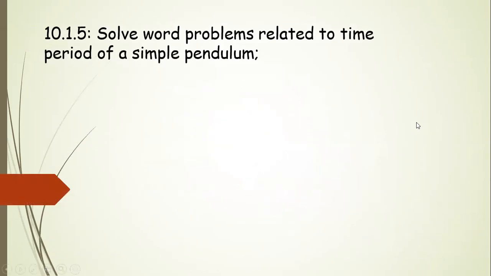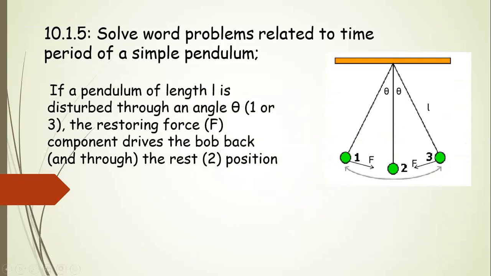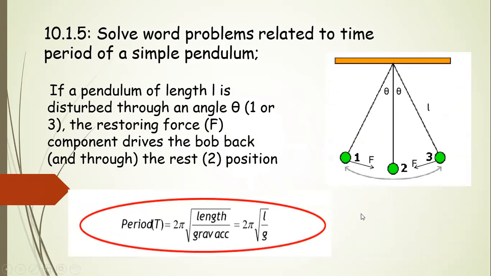Next, your SLO is to solve word problems related to the time period of a simple pendulum. You can see this is the simple pendulum. L represents the length of the pendulum from the support to the center of mass of the bob. When we displace the pendulum by an angle theta, this is the restoring force component that drives the bob back to the initial position, that is the position of rest.